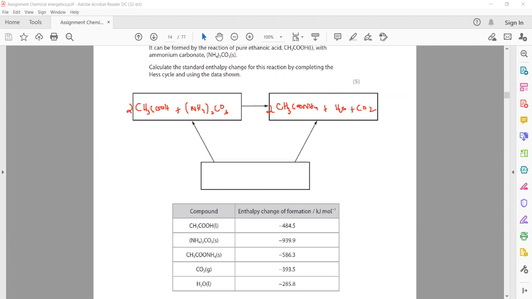Then we have to add a link for the elements. So what are the elements here for this reaction? We have nitrogen. How many nitrogen molecules do we need, because the element is in its standard state? The total number of nitrogen is 2, so we only need 2. Then hydrogen.